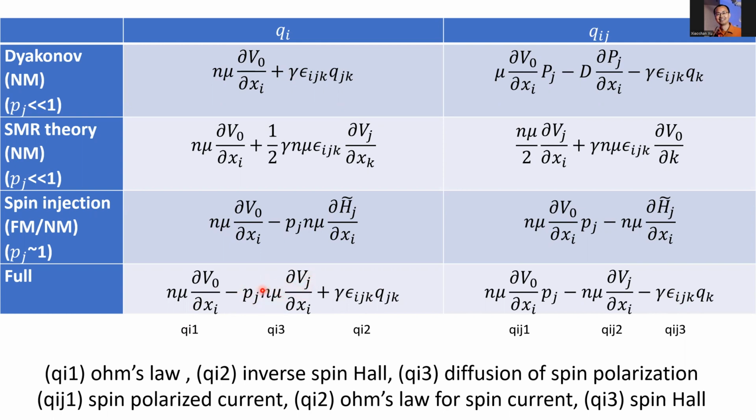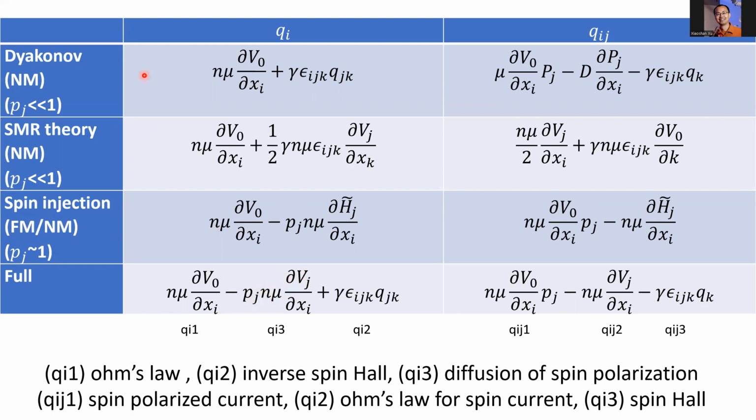This is only significant when PJ is big enough. This is why only in the spin injection case, with a ferromagnet, where PJ is big enough, we introduce this term.